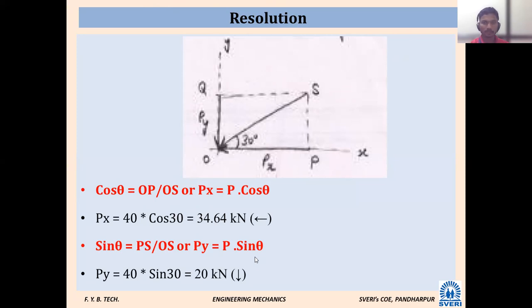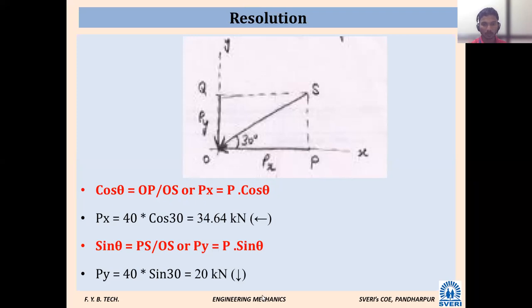It is 39.99, so we can say it is 40, correct. Okay, so here the resolution process is given. Directly hereafter we should have a practice to find its X component and Y component.